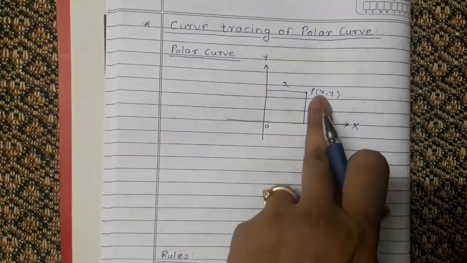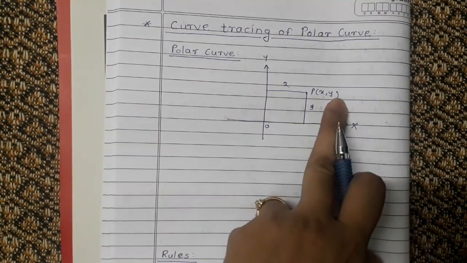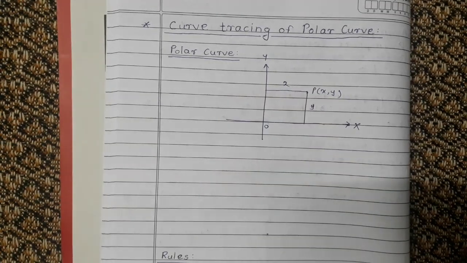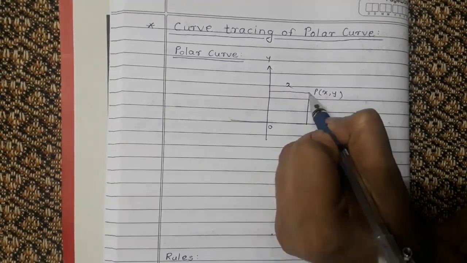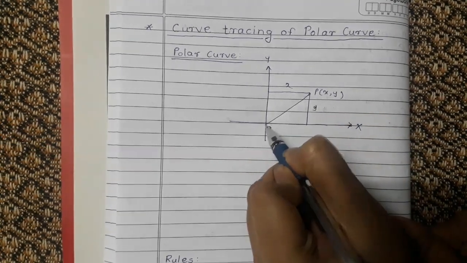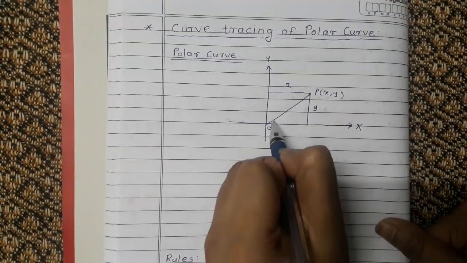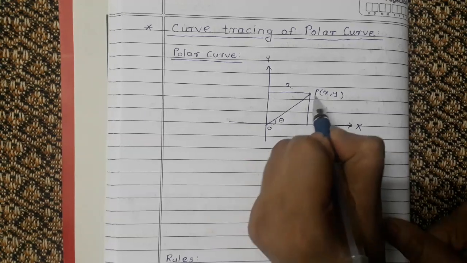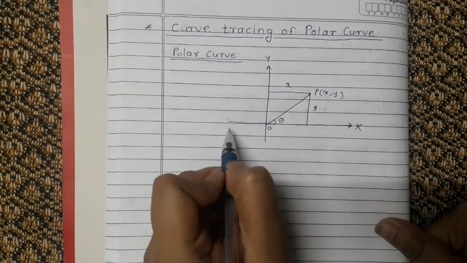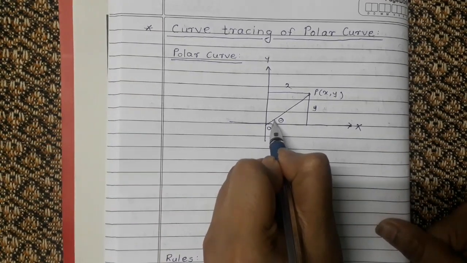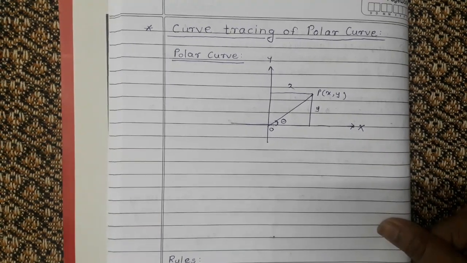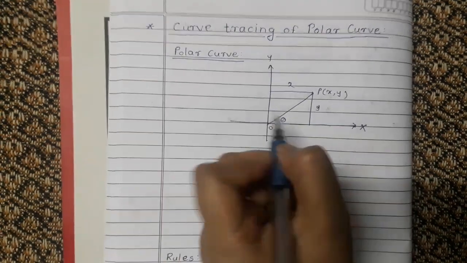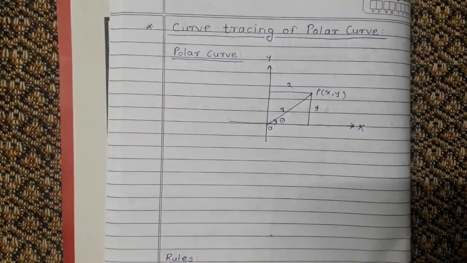So that's why the coordinates x, y justify here, right? Now suppose I join the line OP, and suppose this is the angle made by OP with the x-axis, theta. I'm measuring theta anti-clockwise from x to the line OP, right? And suppose the distance OP is equal to r.